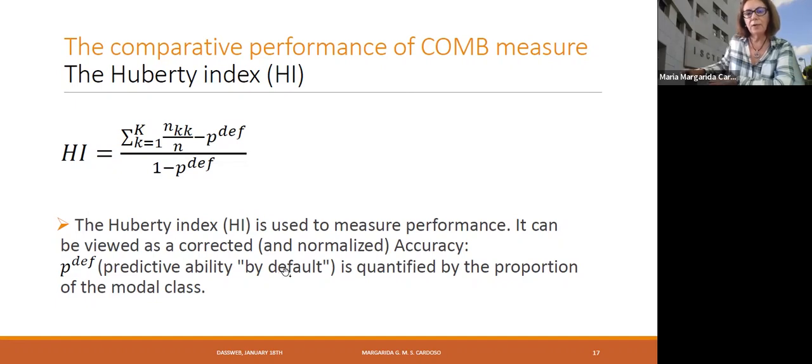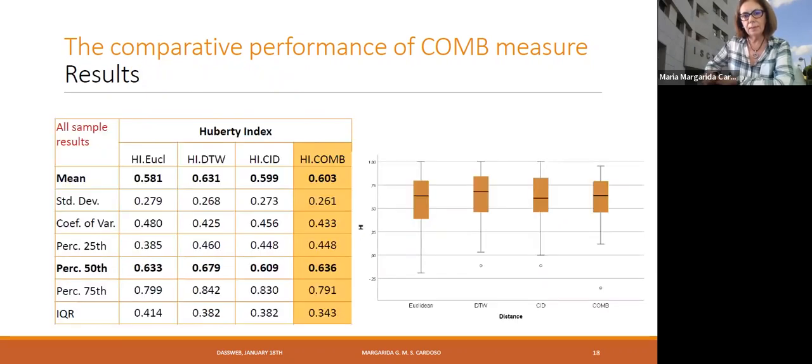Let's say if we have 90% in this modal class, having an accuracy of 90%, we'll have just a 0 Uberty index result. And if the accuracy is below this modal class percentage, it will be below 0. So after seeing the Uberty index, we can see more than after seeing the results of accuracy, which doesn't take into account the prevalence of the modal class.